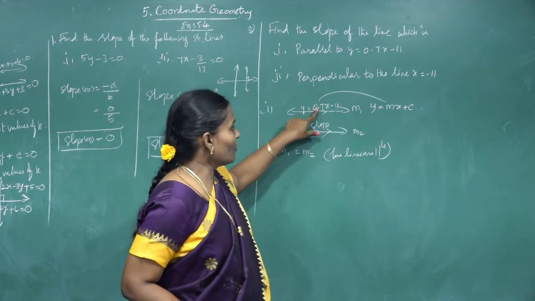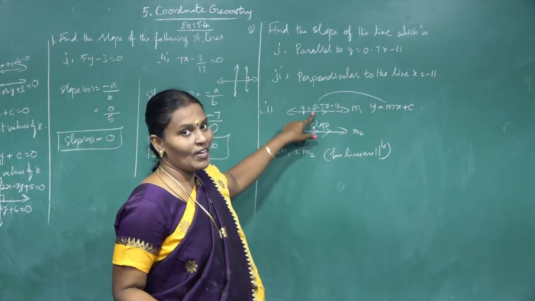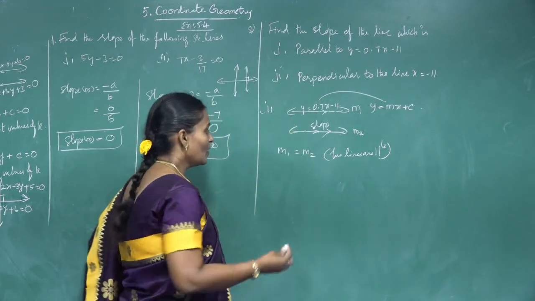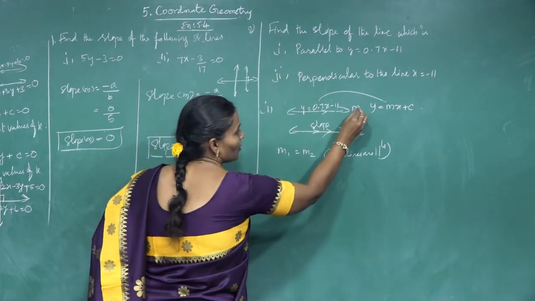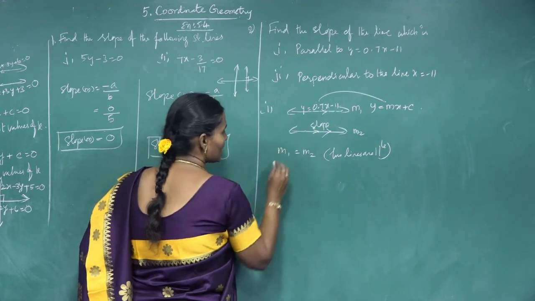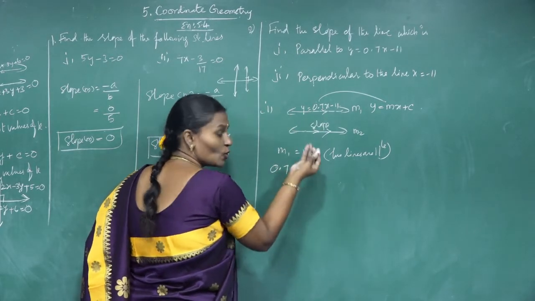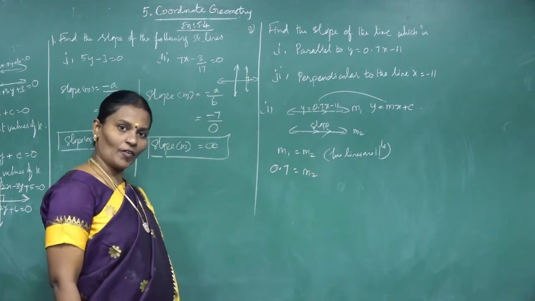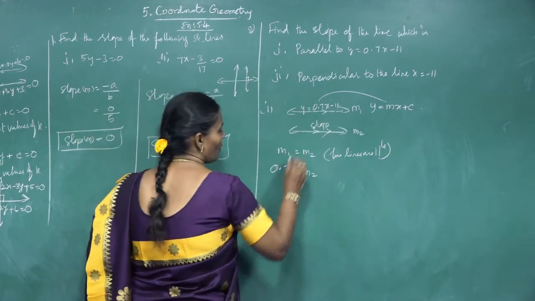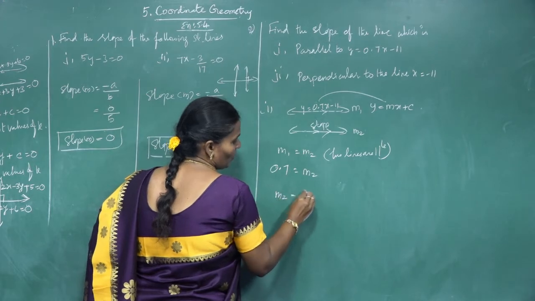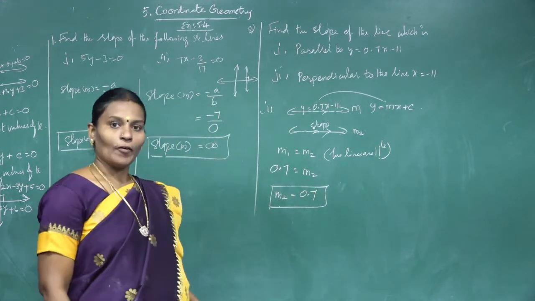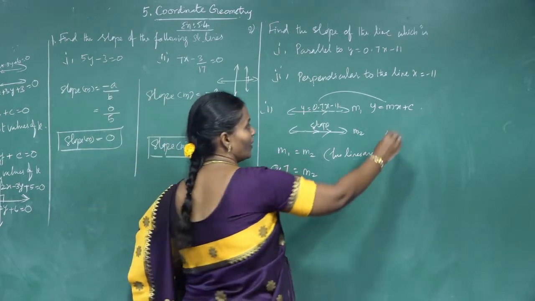What is the coefficient of x? 0.7. So the slope m1 of this line is 0.7. So what is m2? m2 is also 0.7. Therefore the slope of this line, m2, is equal to 0.7.